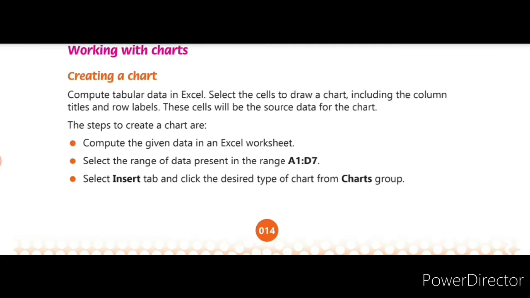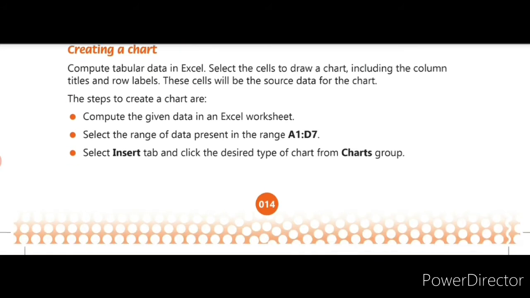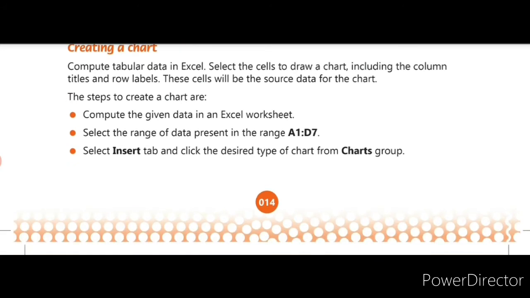Then we are going to select the cells to draw a chart. We need to include the column titles and row labels, the entire rows and columns. These cells will be the source data for creating the chart. So what are the steps? The steps to create a chart are: compute the given data in an Excel worksheet, then select the range of data present in the range A1 to D7.